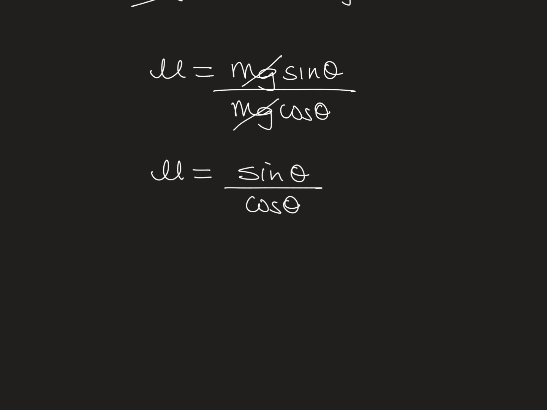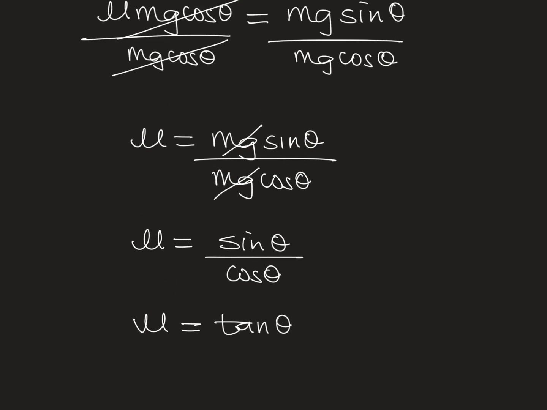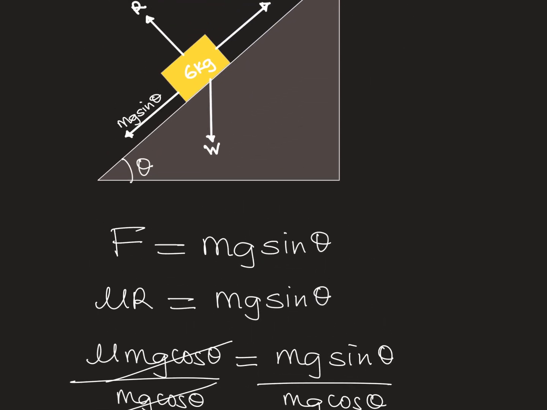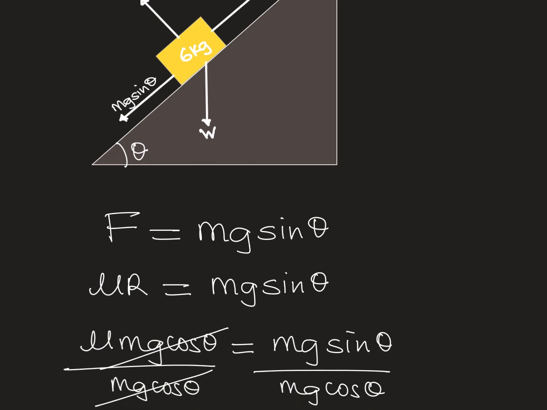So what is sine theta over cos theta? That is going to be tan theta. Okay. Now the question wants us to find the value of angle theta, and we know that for a body that is in limiting equilibrium, using mu is equal to tan theta, we can determine that angle.